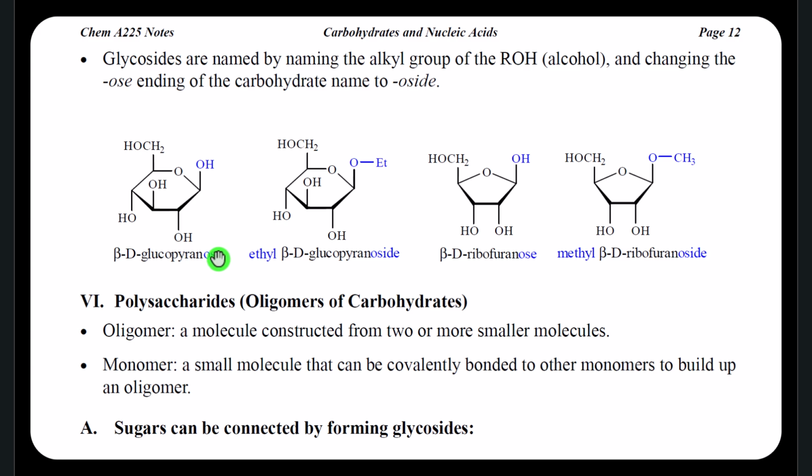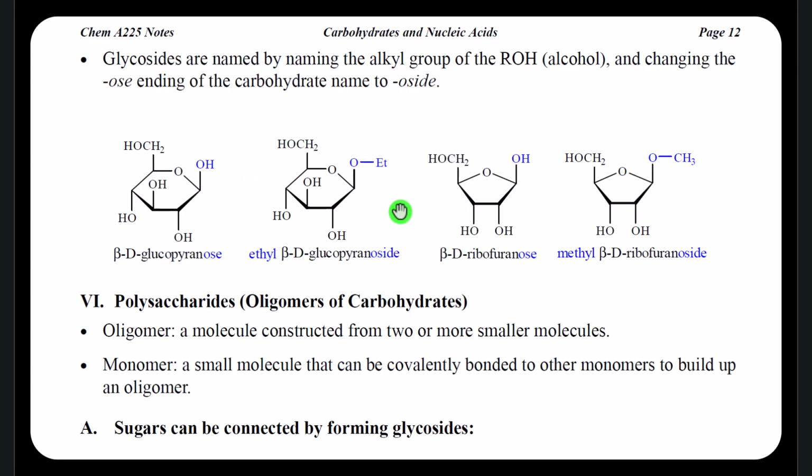So to convert that cyclic hemiacetal name ending in -ose into the name of a glycoside, we simply replace the -ose ending with -oside.